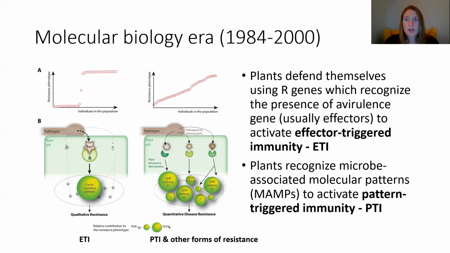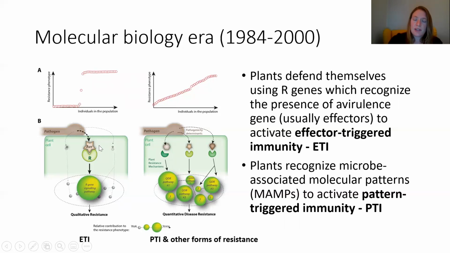So to make a long story short, and again, we'll go into the details of this, we discovered that there are two different layers of inducible immunity, and that these underlie the qualitative resistance and quantitative resistance that we've seen in the previous era. So ETI, or effector-triggered immunity, is basically triggered by recognition of R proteins, or R genes, of those avirulence factors.